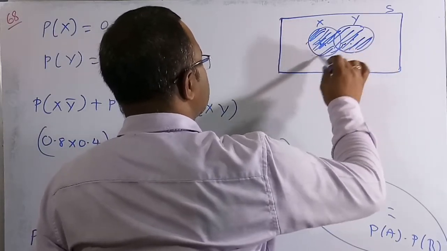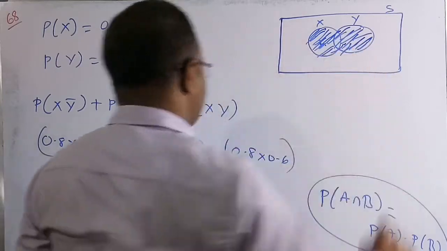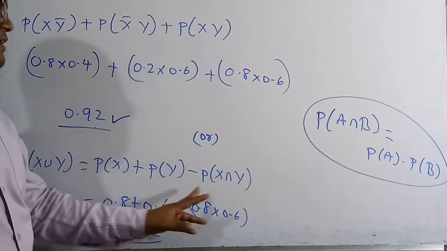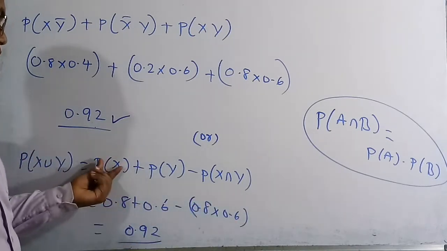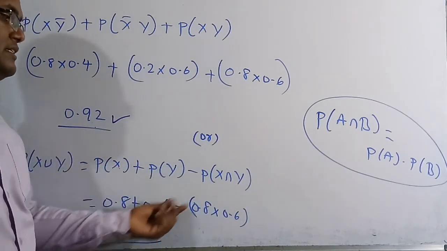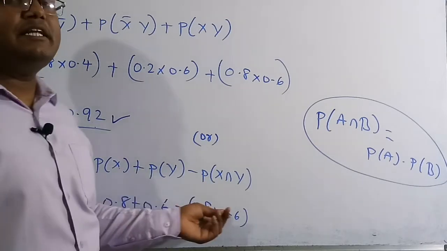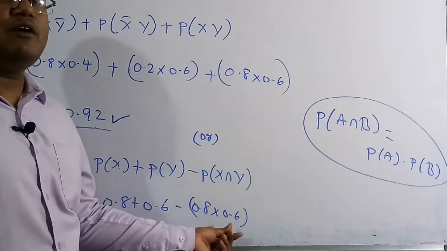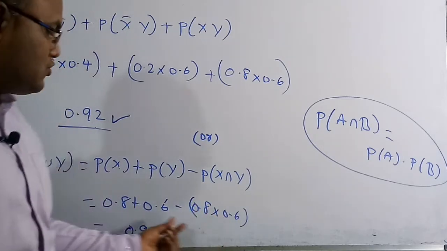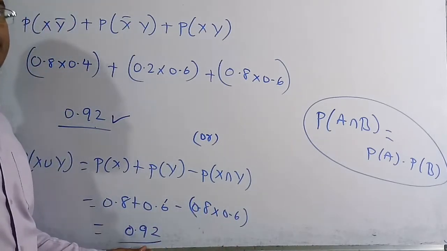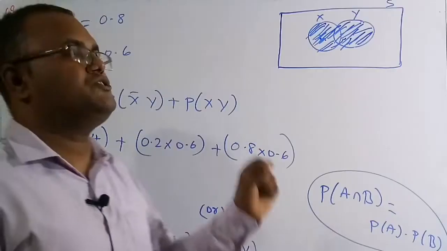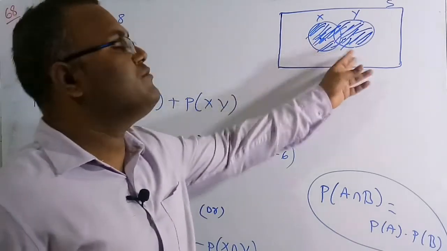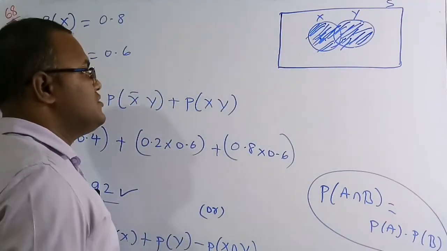So the probability of X union Y is equal to the probability of X plus the probability of Y minus the probability of X intersection Y. The probability of X is 0.8, the probability of Y is 0.6. I have already told you these two events are independent, so the probability of X intersection Y is equal to the probability of X into the probability of Y, which is 0.8 into 0.6. If you solve this one, we finally get 0.92. So if you are given any question, there is a 92% chance that the question is solved by at least one of them. So this is the correct solution of this question.